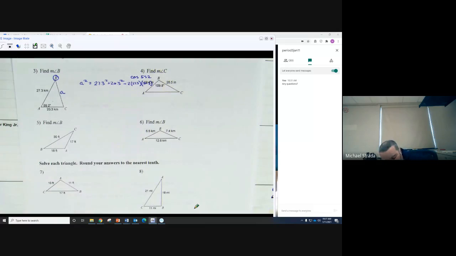All right, so for you to find the angle directly, and that's what we're going to talk about tomorrow when we come back, they need to give you the sides. If they only give you side angle side, then chances are you're going to have to find the third side first.